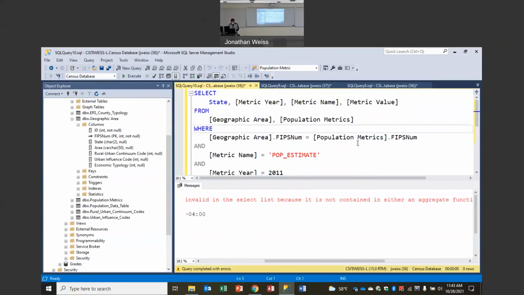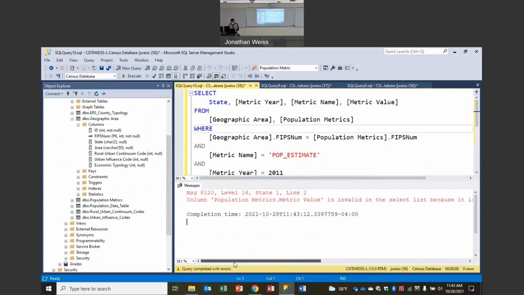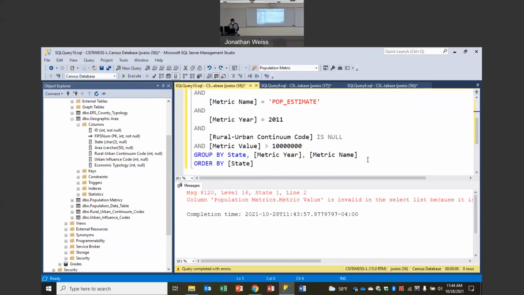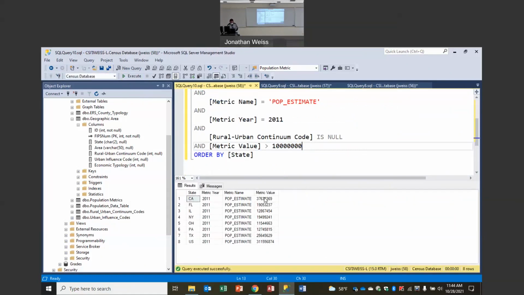How many aggregate functions here? Oh, that's group by. That's what I did. There we go. Sorry about that. One more time. There we go.